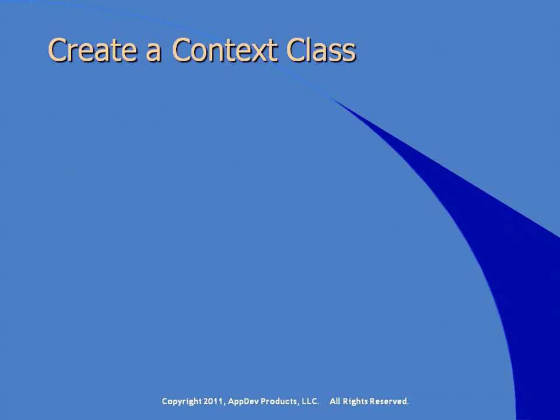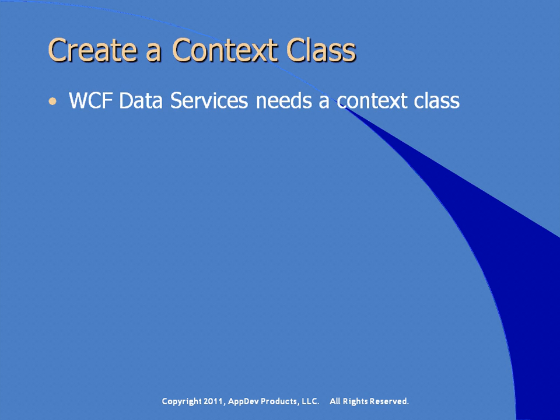Now, even though we've created our class, and we know that we're using WCF Data Service to access our data, the concept here is that WCF Data Services need a context class to be able to access that data. We may have a class that maps to our table, but that does us no good unless we define a context class that WCF Data Services needs to actually access that table.